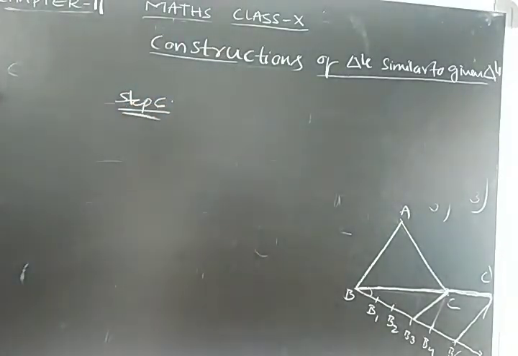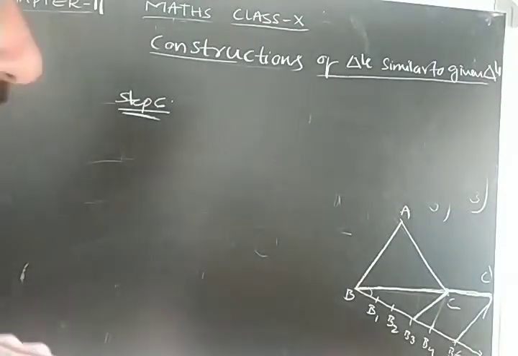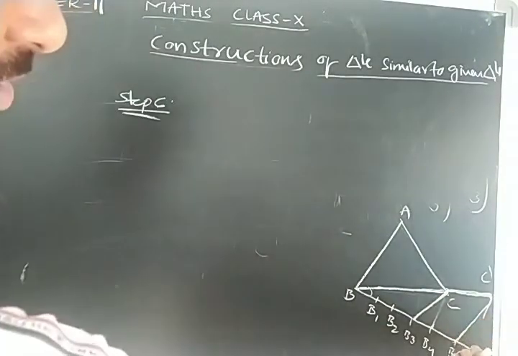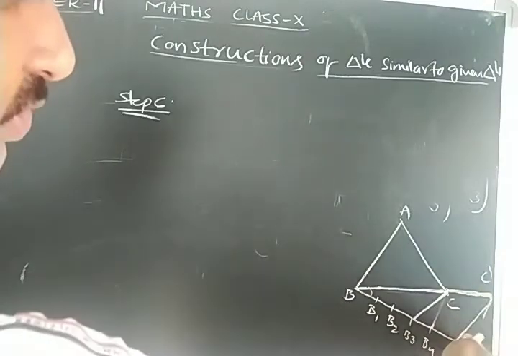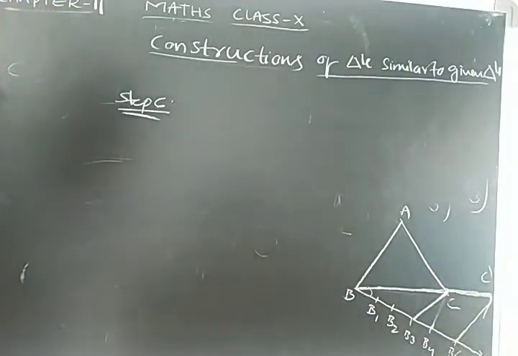In step 6, we drew one line parallel to CB3 which is passing through B5 and it is intersecting the extended line BC at C dash.